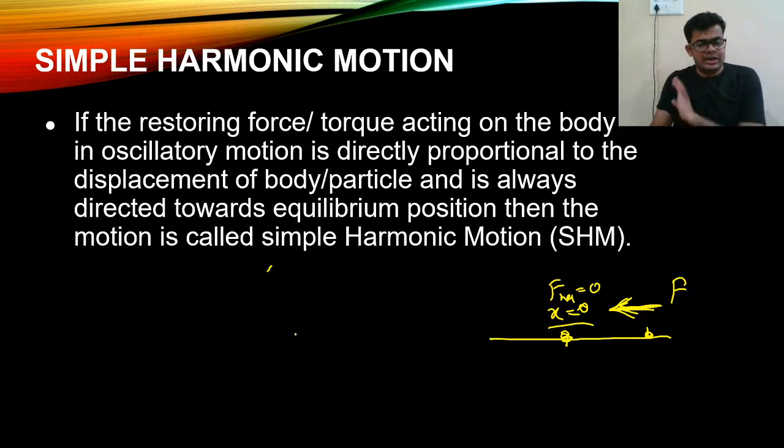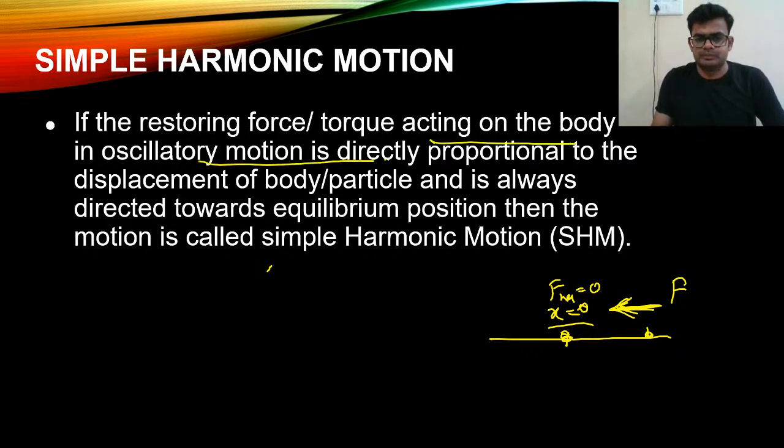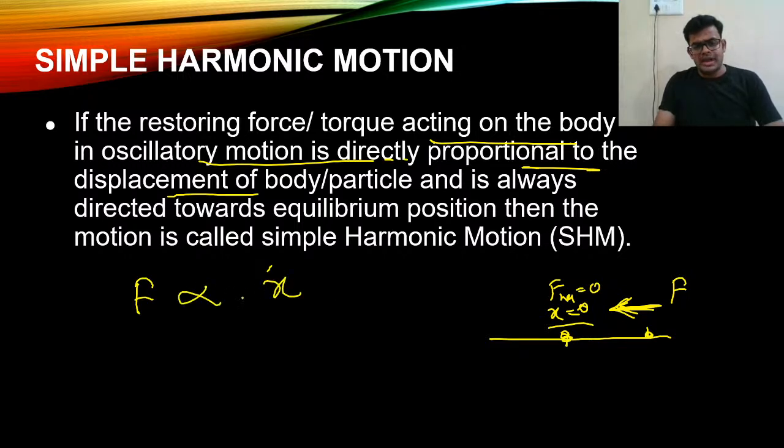So during simple harmonic motion, there will be a restoring or conservative force, always directed towards the mean position, directly proportional to displacement. Whenever a particle is there, the force acting on it is proportional to the negative of the displacement of the particle from the mean position.